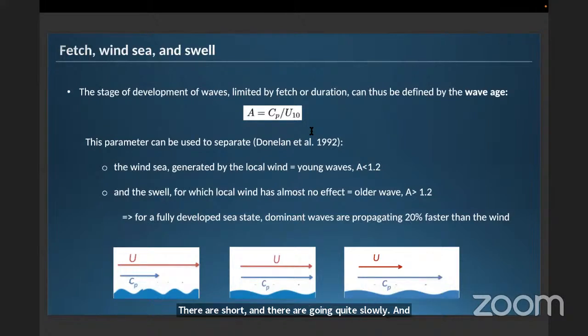And when they are getting more mature, so older waves, then the wave age is greater, and we have a phase speed of the wave that can be greater than the wind. And if we look in general in nature for a fully developed sea state, we can see that dominant waves are propagating 20% faster than the wind. So it's just to give you an idea.